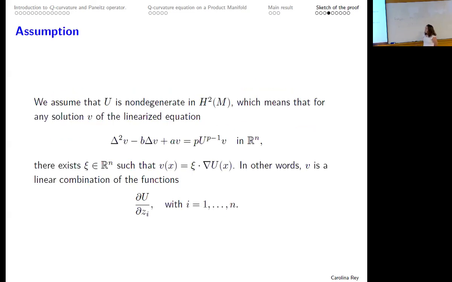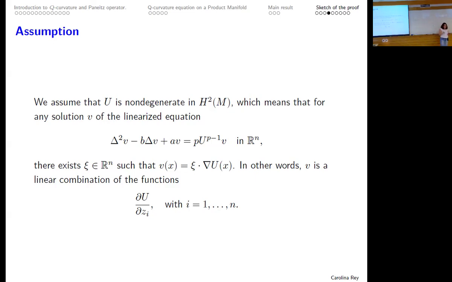So to this end, we will need a very strong assumption, but it is not proved yet, but I think it will be proved soon. The assumption says that that solution has the non-degenerate property, which means that all the solutions to the linearized problem are given by its derivatives. And those are all the solutions of that new equation.